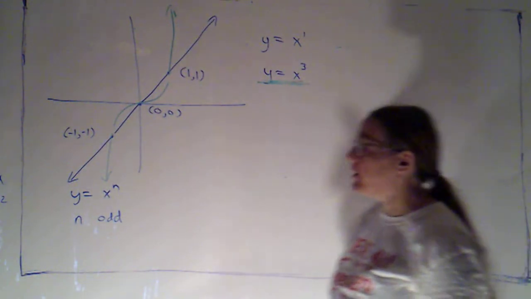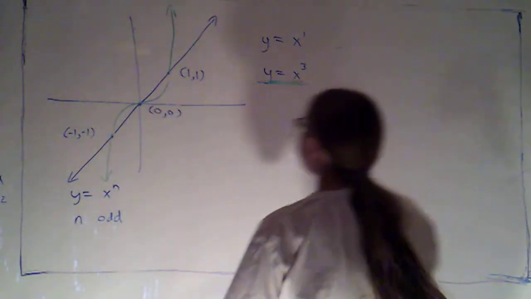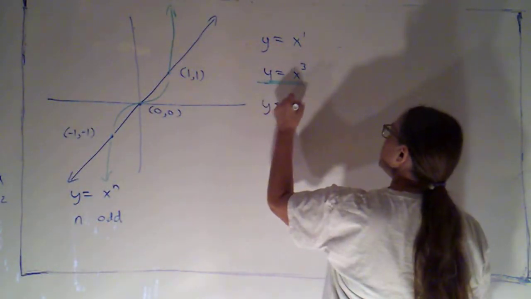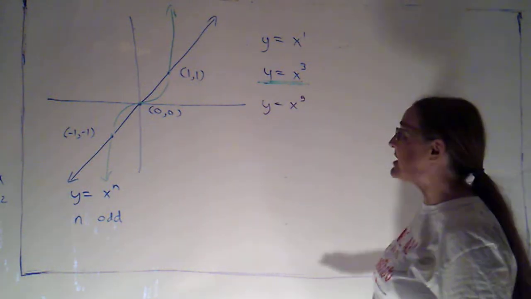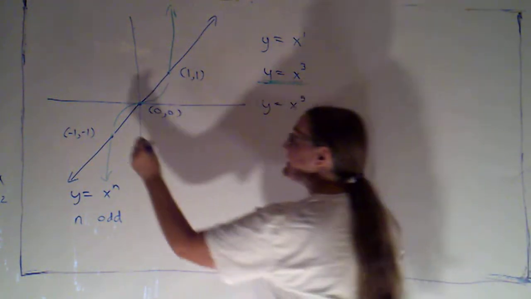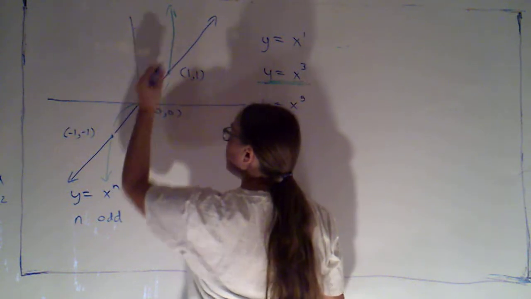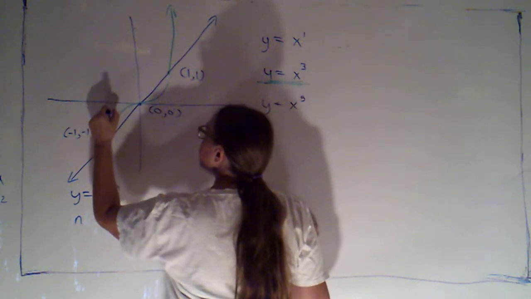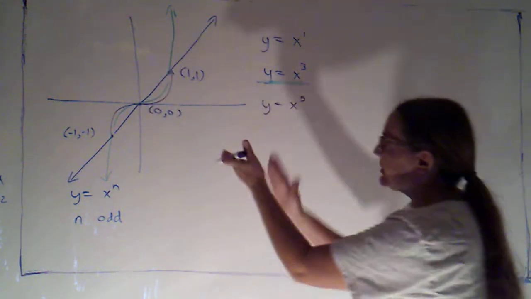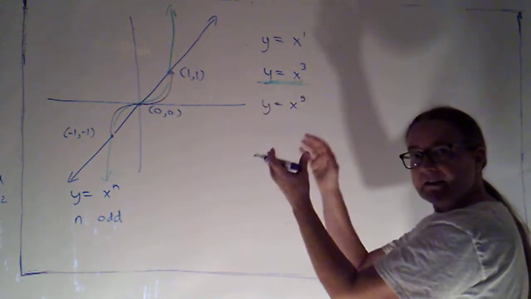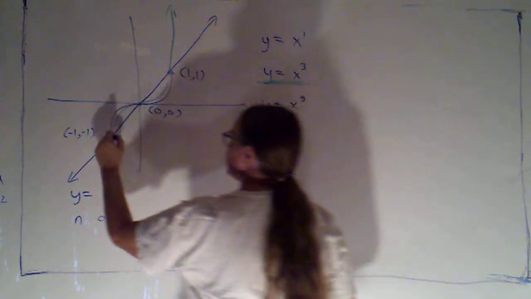And if I take a look at y equals x to the 5th, you can probably guess that's going to be very, very similar. It's going to have these 3 points between negative 1 and 0, and between 0 and 1. The graph is a little bit flatter, so it's going to be closer to the x-axis.